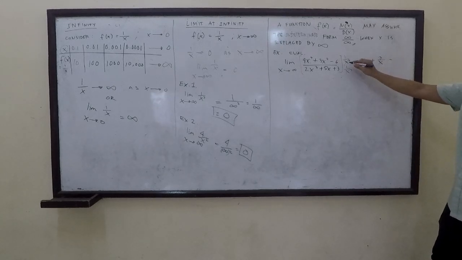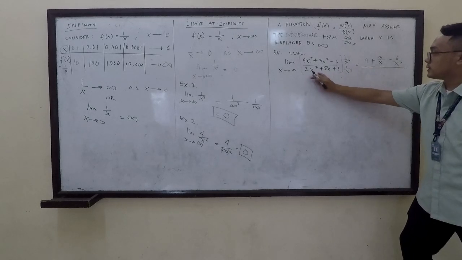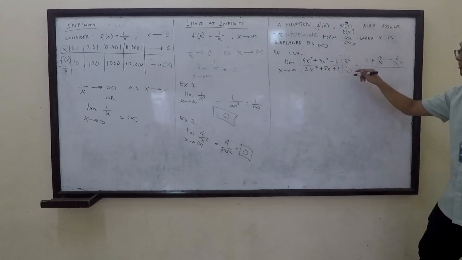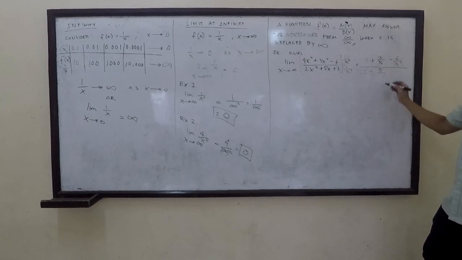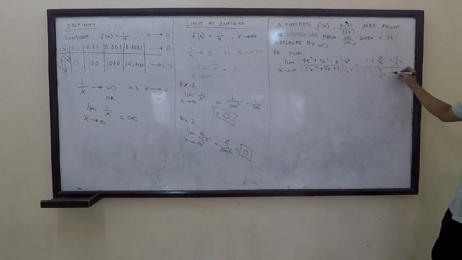Then negative 6 times 1 over x cubed is negative 6 over x cubed. And in the denominator, 2x cubed times 1 over x cubed is 2, plus 5x times 1 over x cubed is 5 over x squared, then 3 times 1 over x cubed is 3 over x cubed.